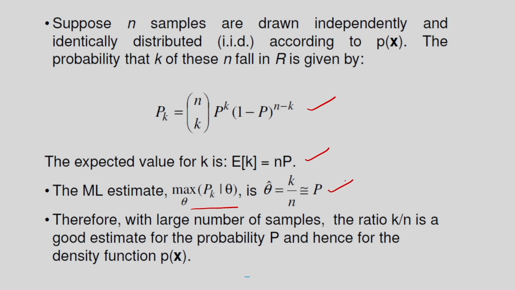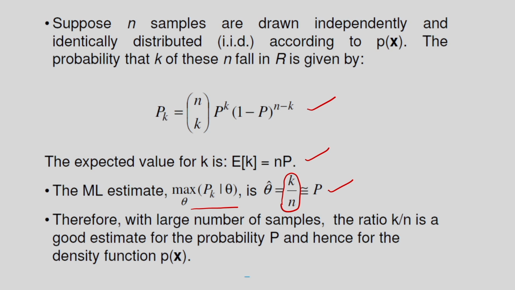The probability is nothing but P equal to k divided by n, where n is the total number of samples I am considering. Therefore, with a large number of samples, the ratio k divided by n is a good estimate for the probability P, and hence for the density function p(x). So this ratio k by n gives the estimate of the probability.